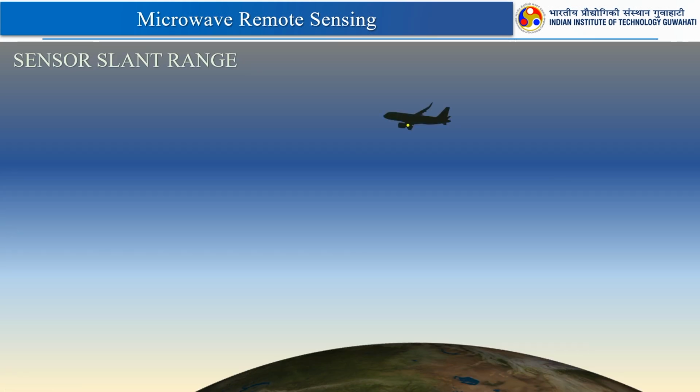Now the slant range, here you can understand this. You have this particular airborne sensor on this aircraft. Here this is the horizontal plane, which you can consider as the flight path, and this is the surface.